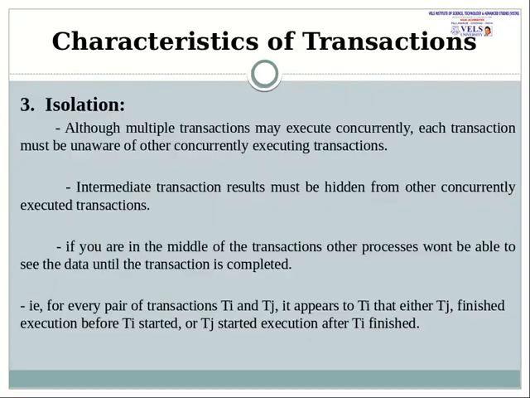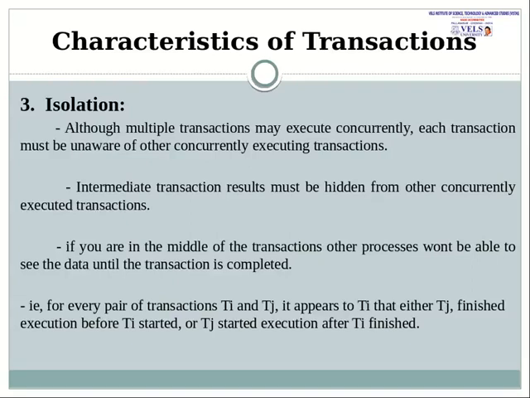Isolation means that although multiple transactions may execute concurrently, each transaction must be unaware of the other concurrently executing transactions. The transaction must be executed in isolation, and it cannot bother about the other transactions. The intermediate transaction result must be hidden from other concurrently executing transactions.